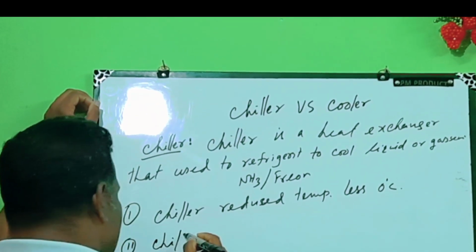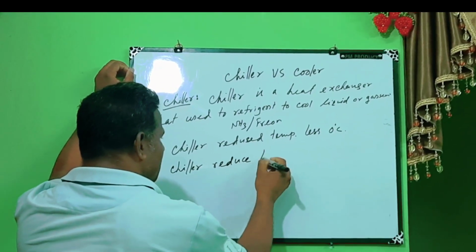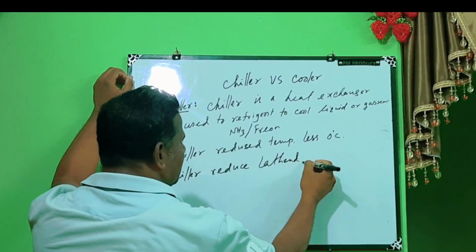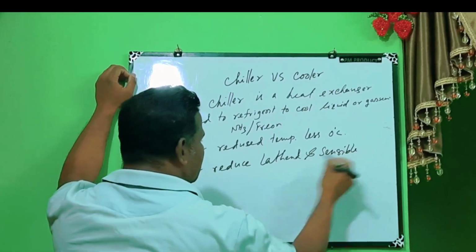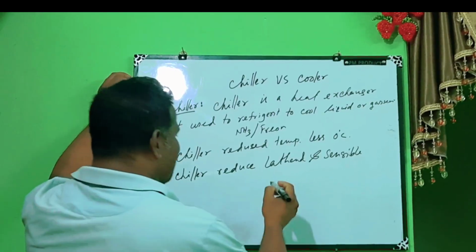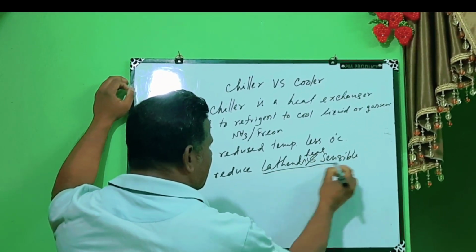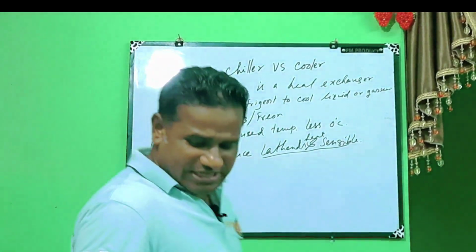Chiller reduces latent heat and sensible heat. If anyone doesn't know about latent heat and sensible heat, you can watch my previous video. So I hope this chiller is complete.